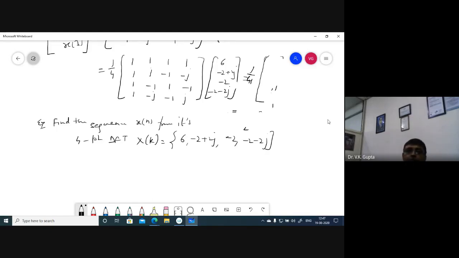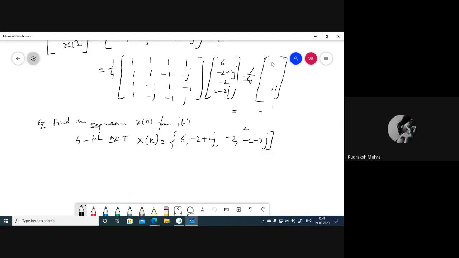What will be the output? Can you tell me the output after calculating this matrix? Kindly tell me the sequence x[n] from its DFT using the matrix method.